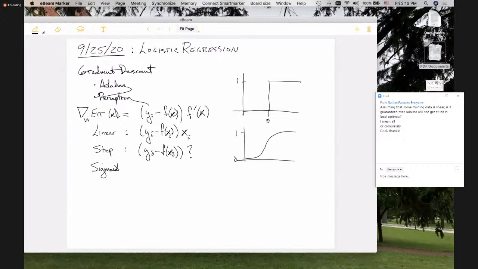There are a couple different sigmoid functions that we use, but the one that I'm going to focus on today is called the logistic function. And for the logistic function, f of x is equal to 1 over 1 plus e to the minus x.